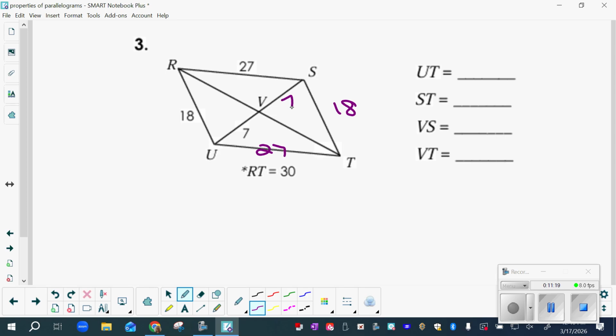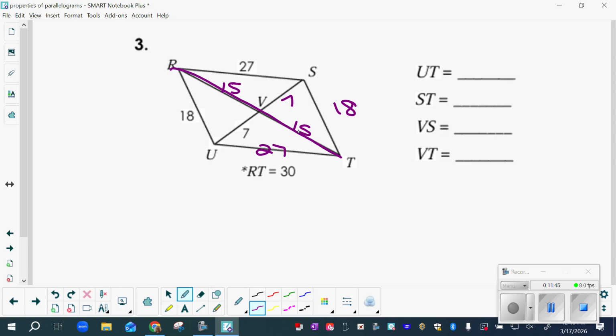And if the whole thing is 30, what does each piece have to be? 15 and 15. 15 here, 15 here. The whole thing is 30.